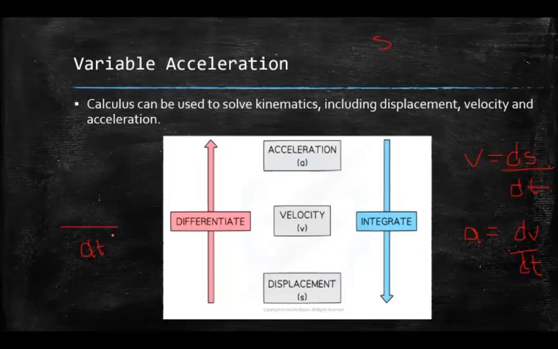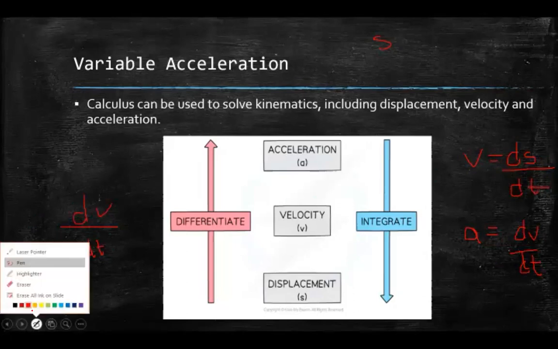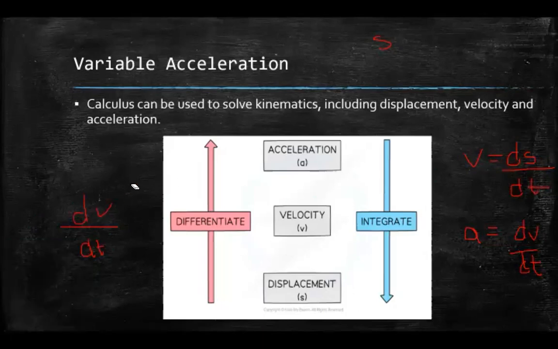Remember when we were doing the rates question, the only thing you have to find out was what quantity has to come here. In this case, it's velocity: dv on dt, rate of change of velocity. That's my definition of acceleration. That's why it's important for you to know the definitions.